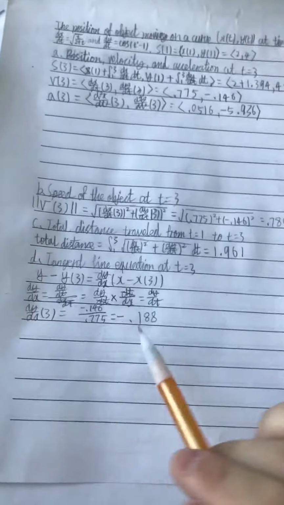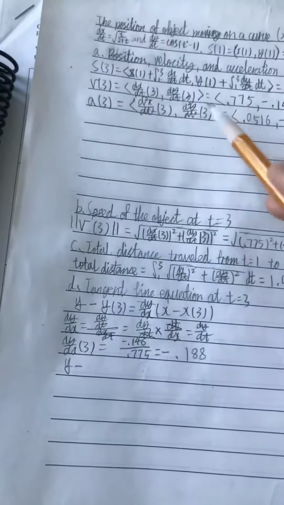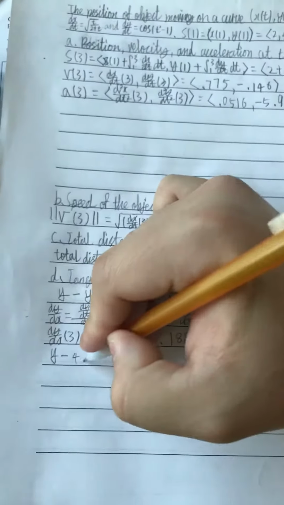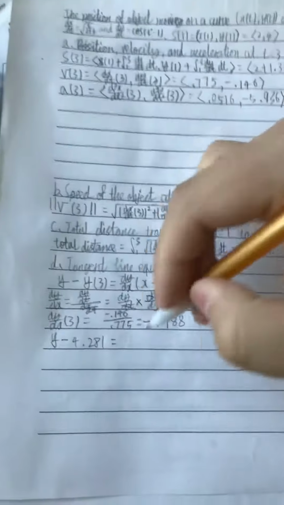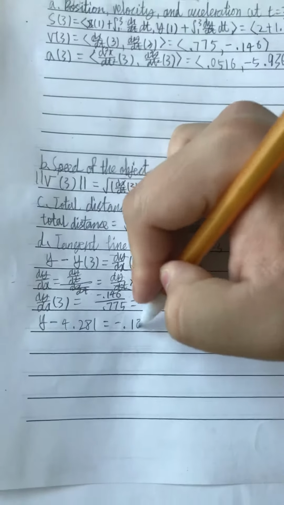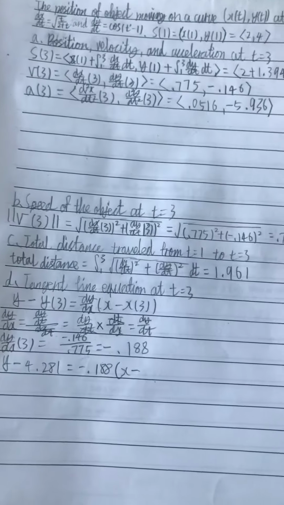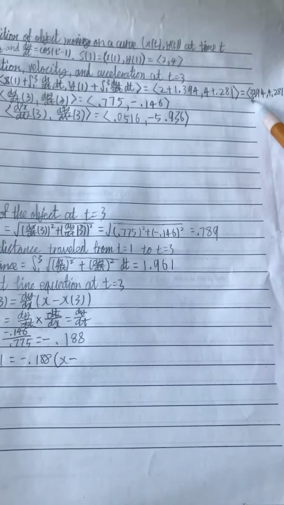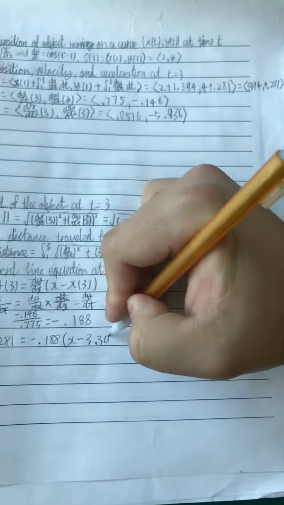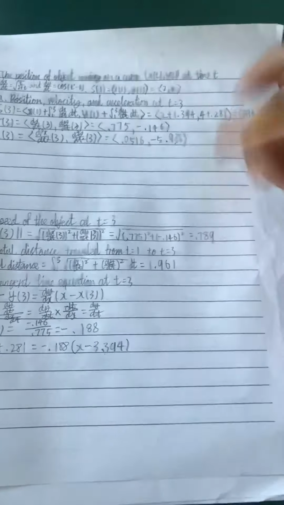Since we have the slope of the tangent line, the rest is basically plugging in numbers. y minus y3, which is 4.281, equals the slope of the tangent line, 0.188, times x minus x3, which we know is 3.394. Okie doke. So this is basically our tangent line equation.